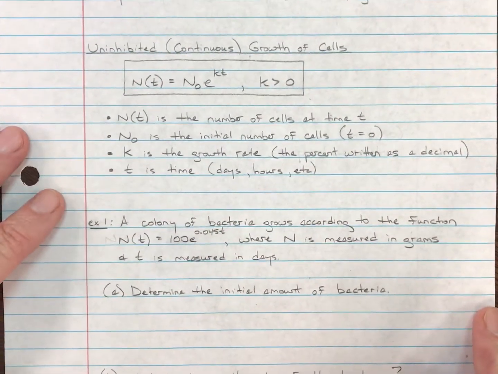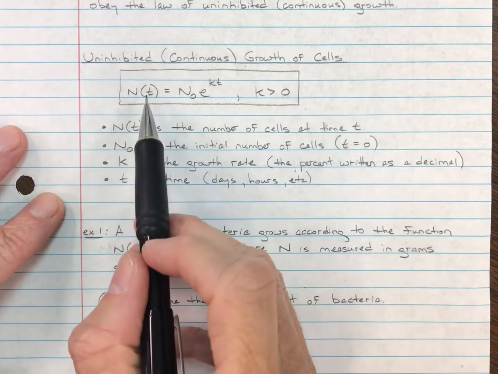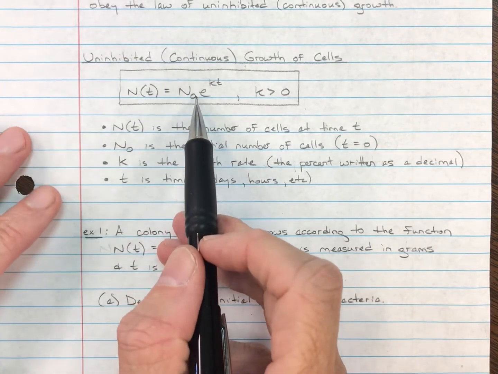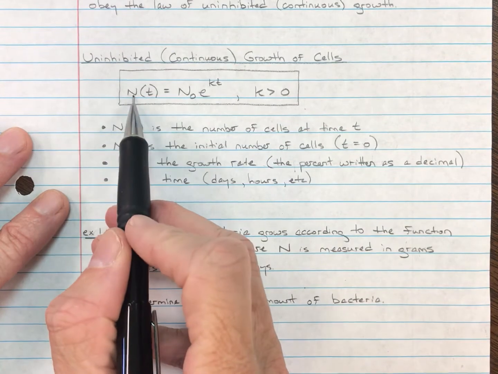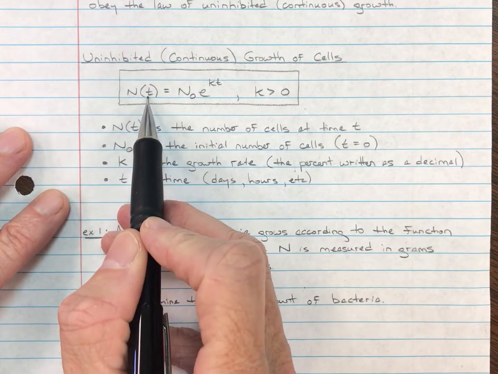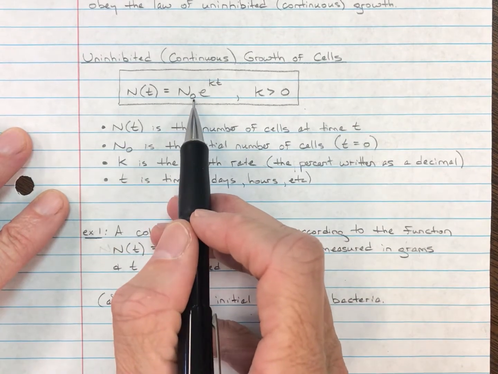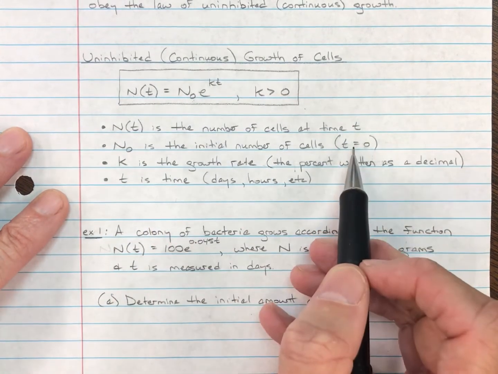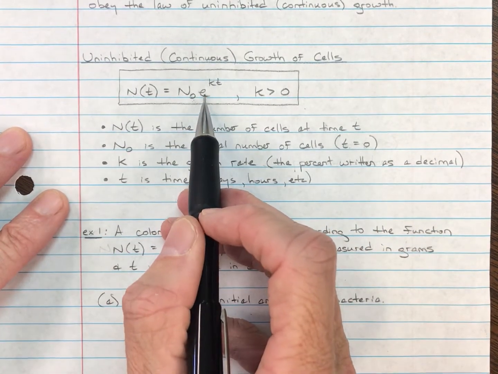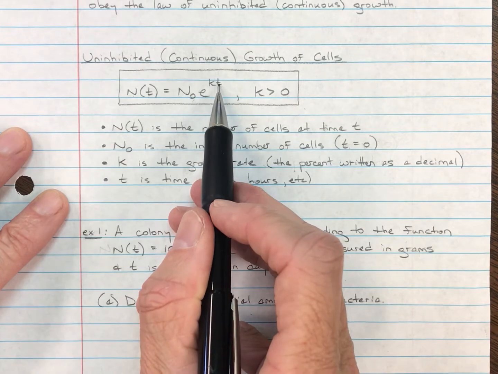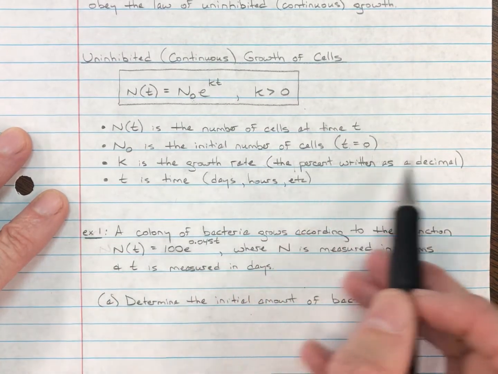Uninhibited or continuous growth of cells follows this exponential function. The number of cells at time t is equal to the initial number of cells, which is how many cells you have at time 0, times e raised to the k times t, where k is the growth rate expressed as a decimal.